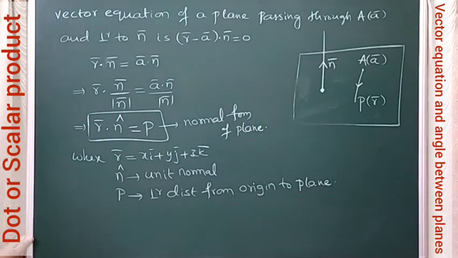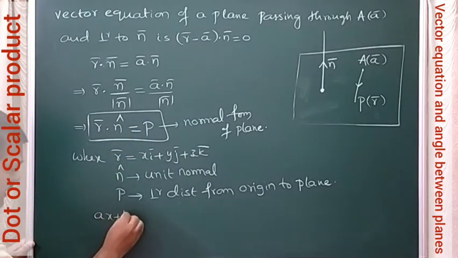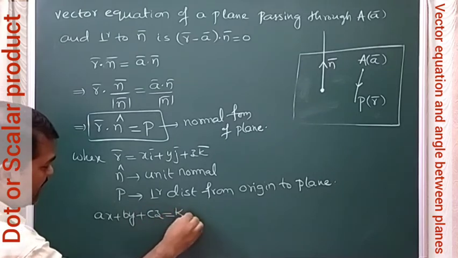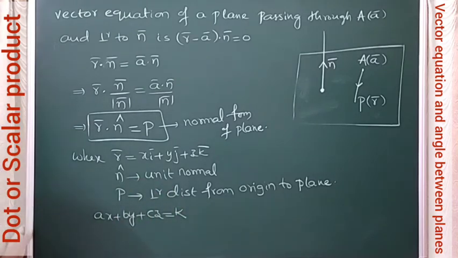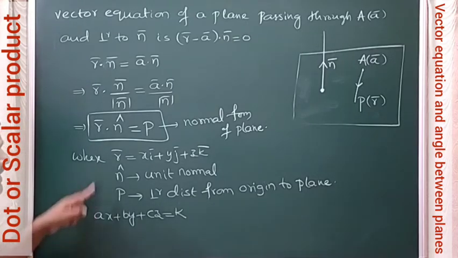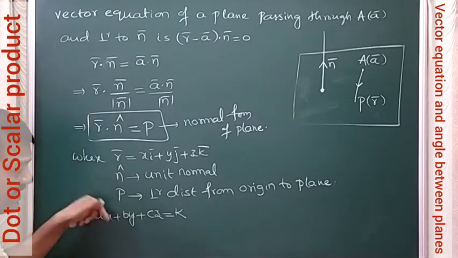If you take the Cartesian form of the plane, for example, ax plus by plus cz is equal to k, to get the normal form, what will you do? Divide by the modulus of n bar. What is n bar here?